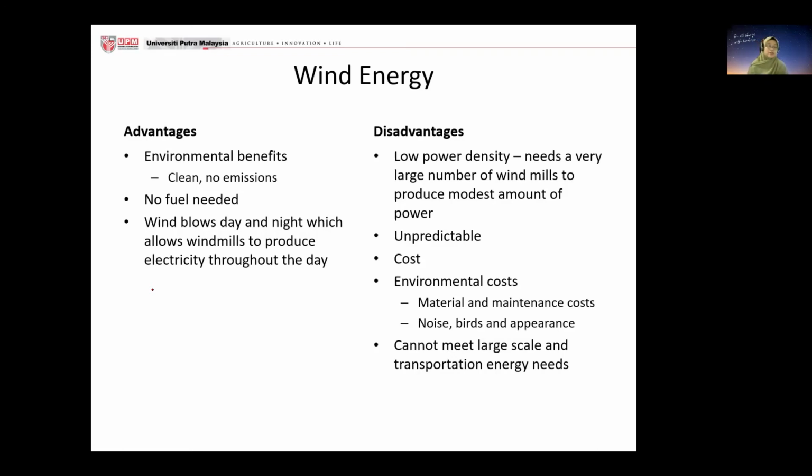The cost: it's a very high capital cost, and it does have its own environmental costs, basically with regards to material use. There are the maintenance costs, and then the noise, because if you read reports, people complain about the noise from the windmills.